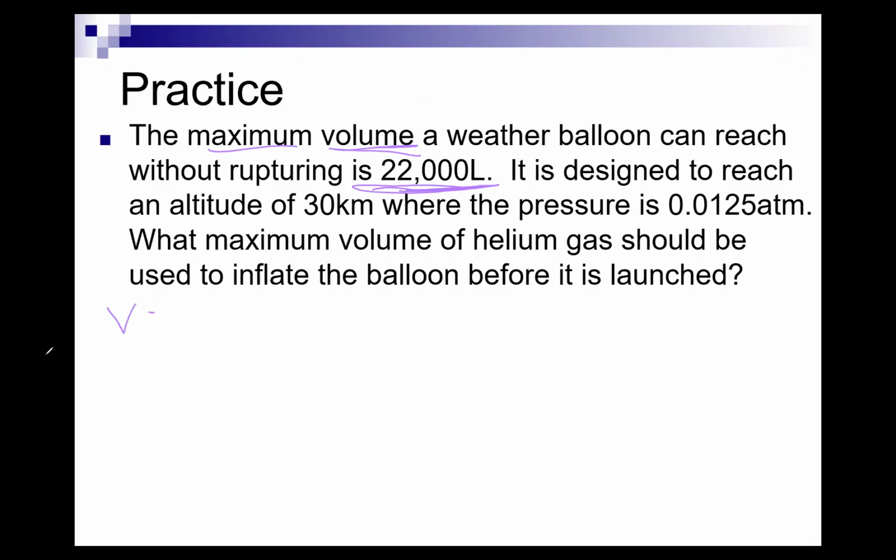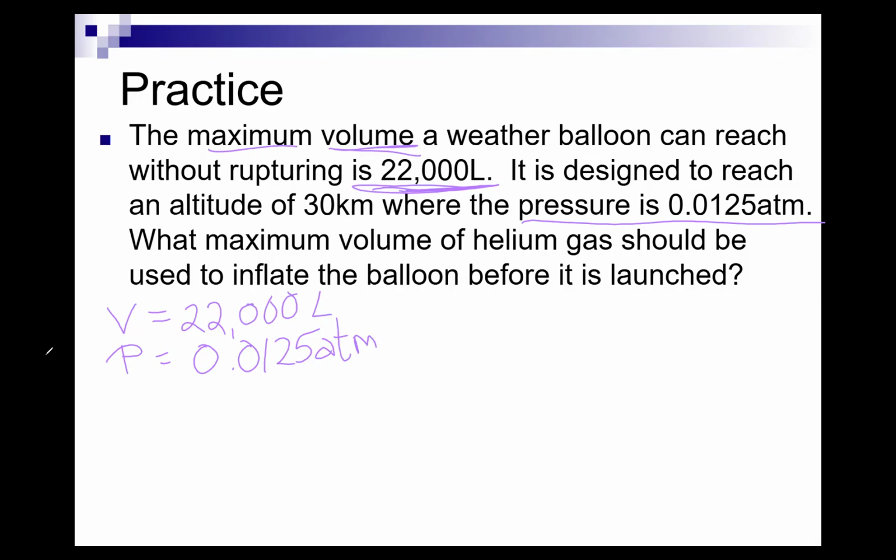We're going to say volume equals 22,000 liters. That's the maximum. It is designed to reach an altitude of 30 kilometers where the pressure is 0.0125 atmospheres. So we have a pressure of 0.0125 atmospheres.